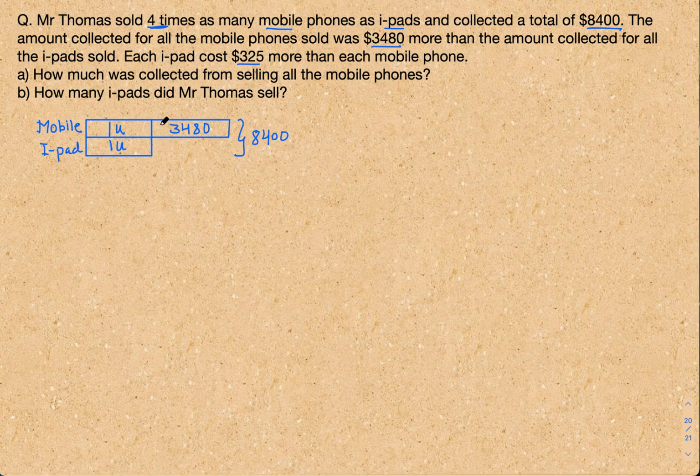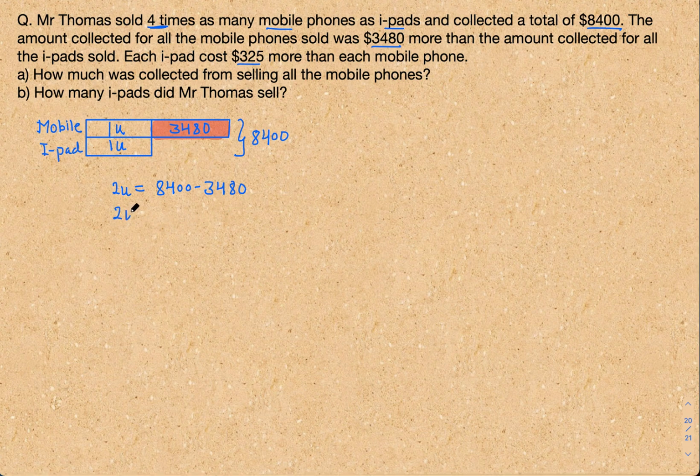Now we know that all this together, that means these 2 units plus another 3,480, is 8,400, right? So if we just subtract this amount, the part I'm showing in shaded, from 8,400, what will we be left with? We'll be left with two units, this one and this one, right? So from here we can straight away say that my 2 units should be equal to 8400 minus 3480. Then it should give me what?